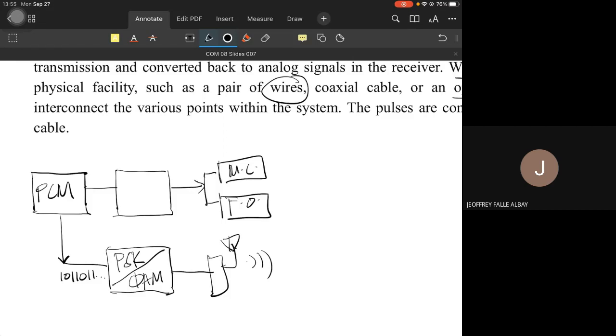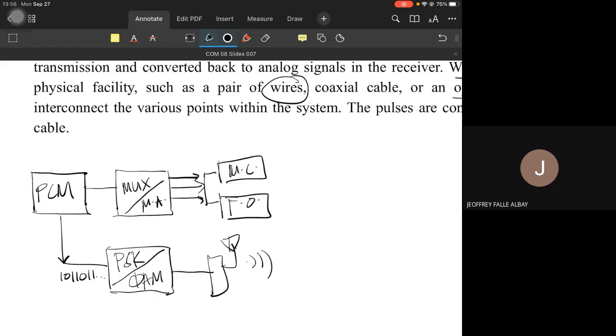We could put a multiplexer here, or multiple access facilities or techniques, so that if, for example, we have many output channels, we could do that. This is the topic of the next chapter, after the previous chapter on digital modulation.